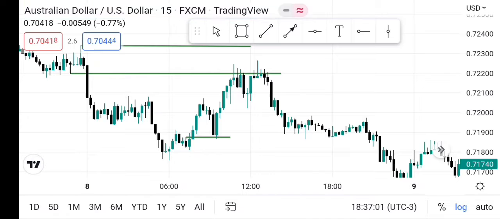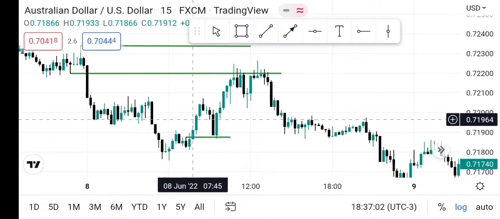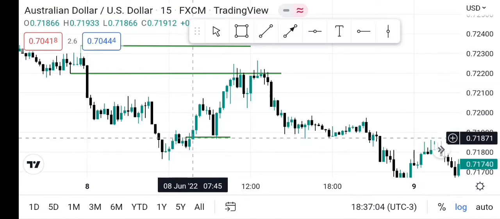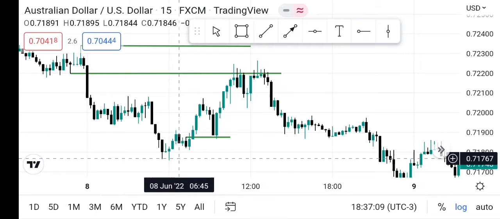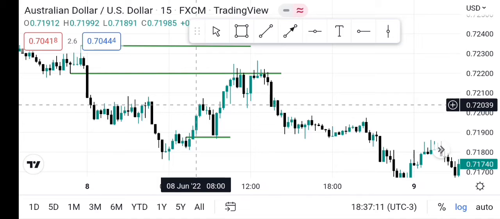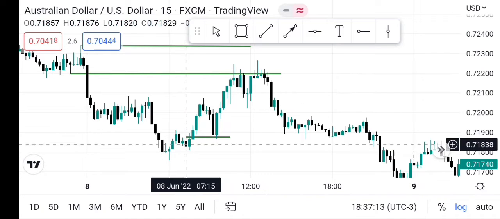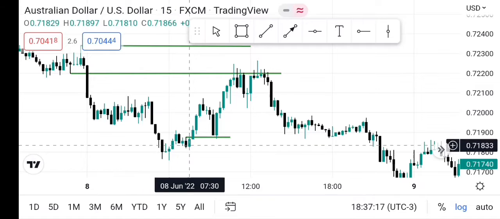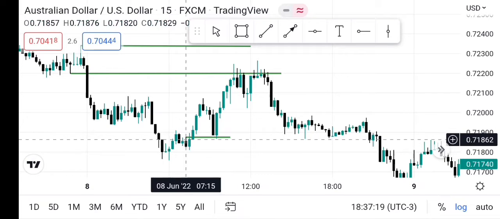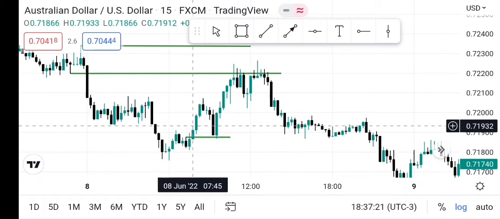Now the whole of this area here, what we did was, because this market broke higher, we took the high of this swing low.